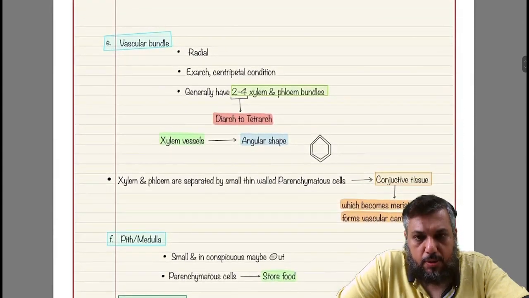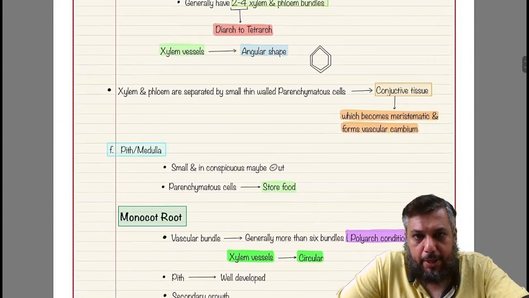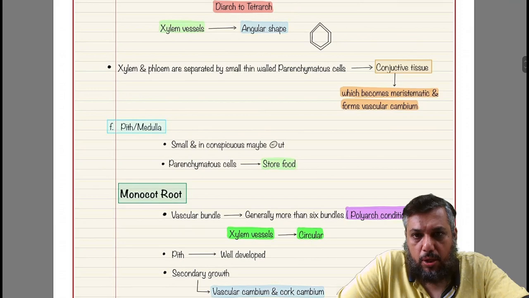The vascular bundles are radial, they are exarch, and they can be either diarch to tetrarch, मतलब 2 से 4 bundle. Xylem and phloem are separated by thin walled cells, which are parenchymatous cells. That is called the conjunctive tissue.